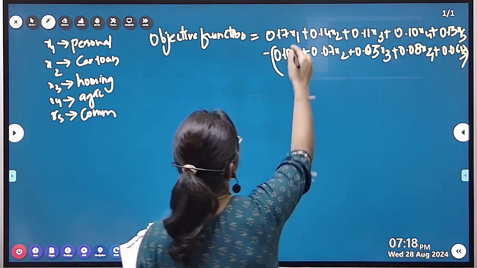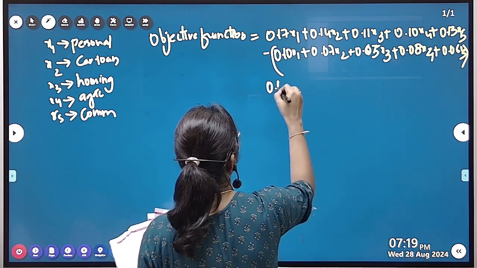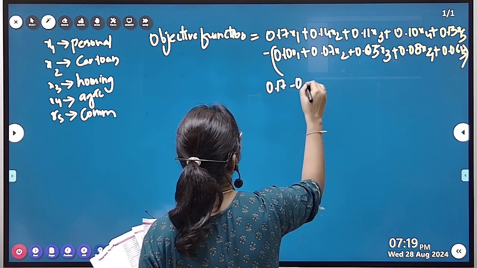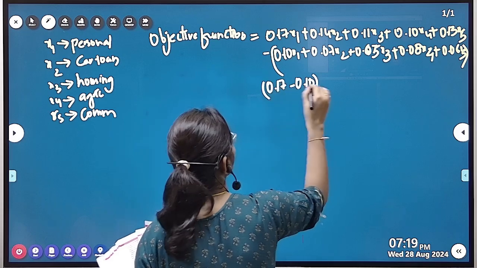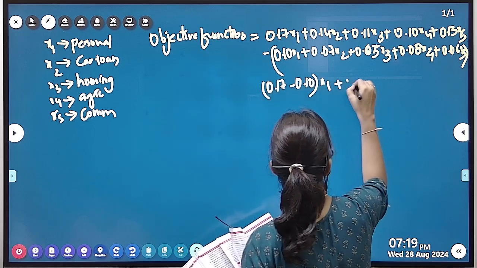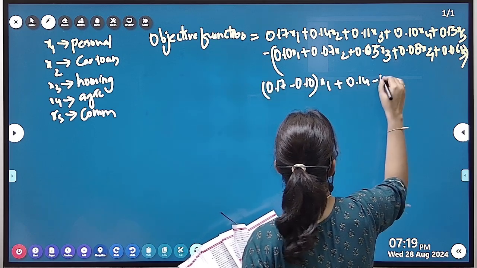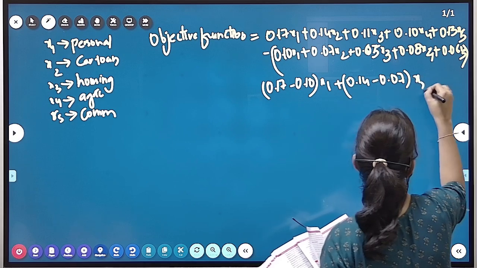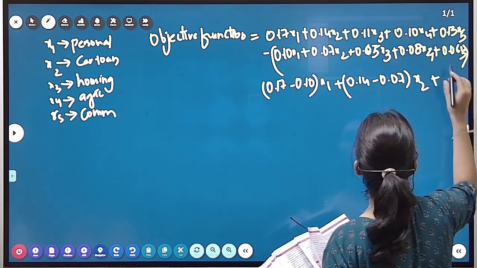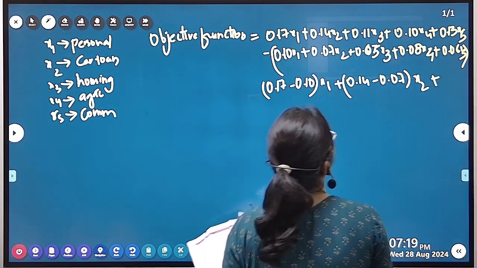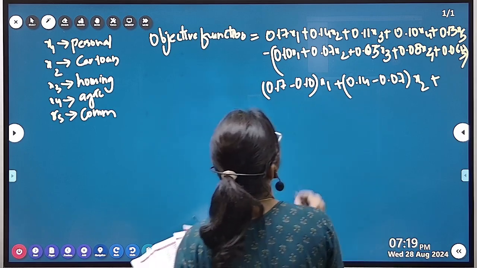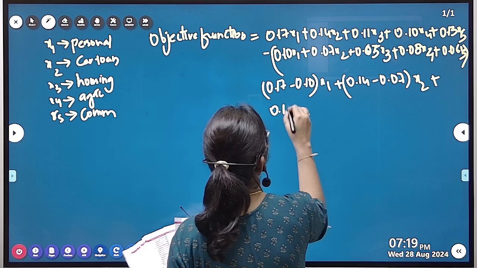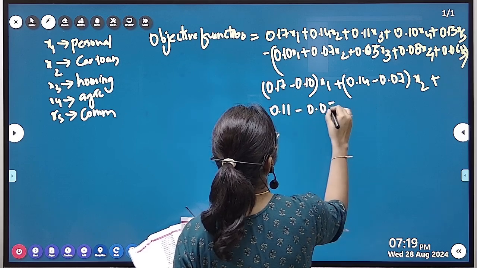We can write this as 0.17 minus 0.10 x1, so we'll take x1, x2, x3, x4 as common. 0.11 minus 0.0.